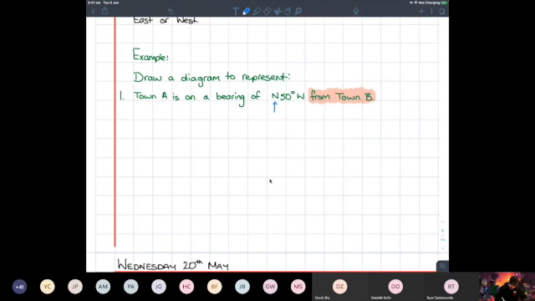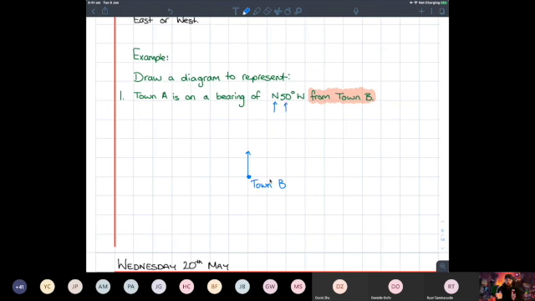So what I'm going to do, down my page a little bit, I'm going to write town B. So there's town B. And I'm told to look north from town B. So I'm just going to draw a north arrow in. So there's north. All right. Then I'm told to turn 50 degrees.